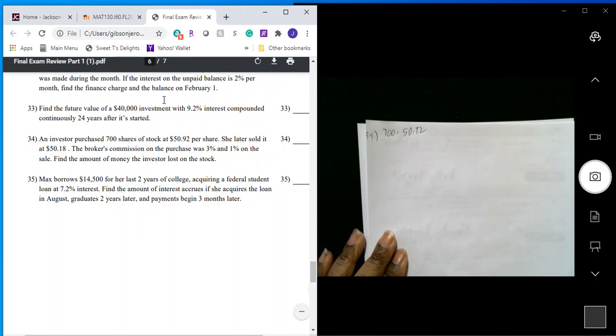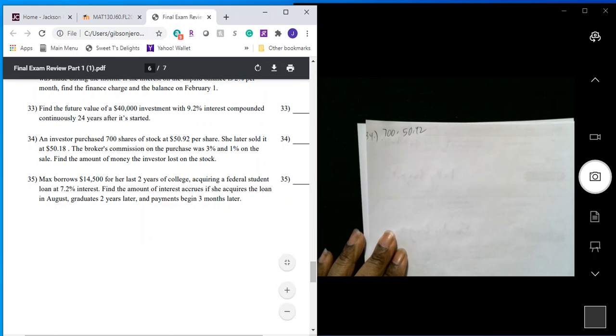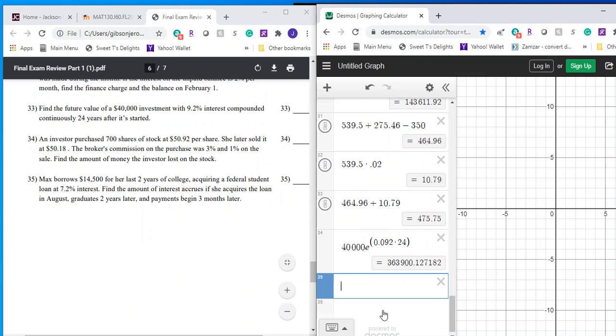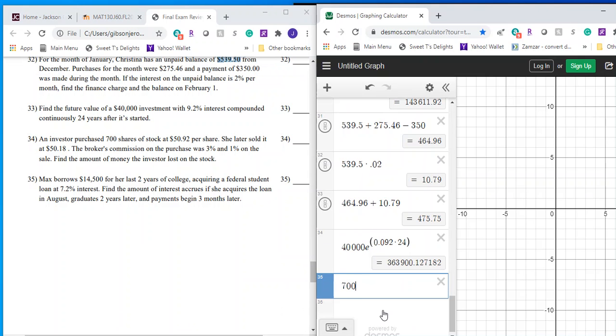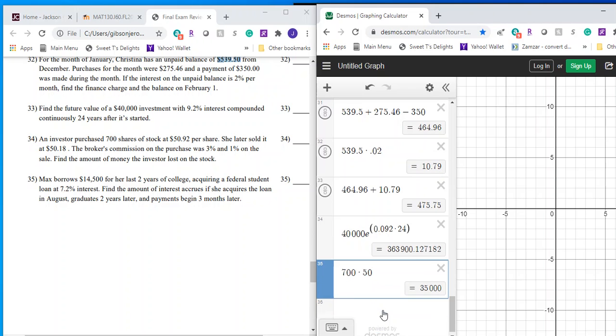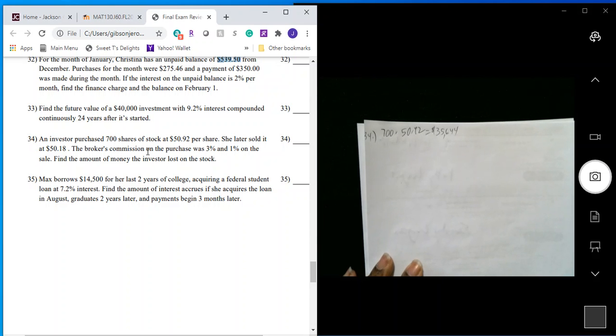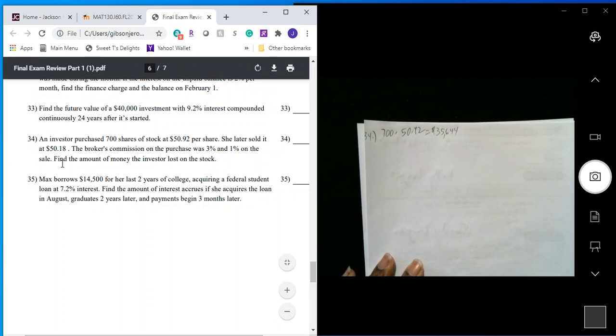So let's do that first. 700 times $50.92. Okay. So this is how much they paid for the stock, $35,644. That's how much was paid for the stock. Okay, now, she later sold it at $50.18.